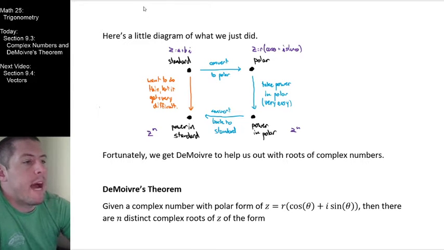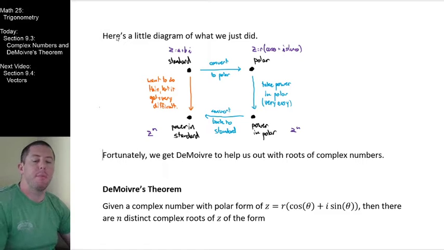So this is my diagram showing that we're taking this little roundabout path often to do this manipulation.